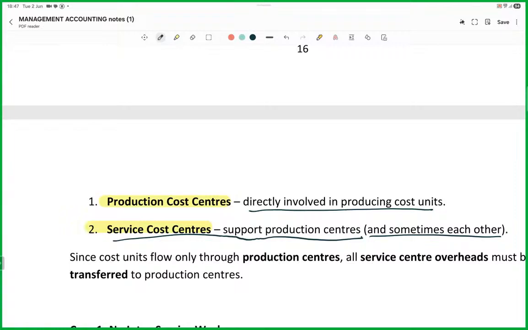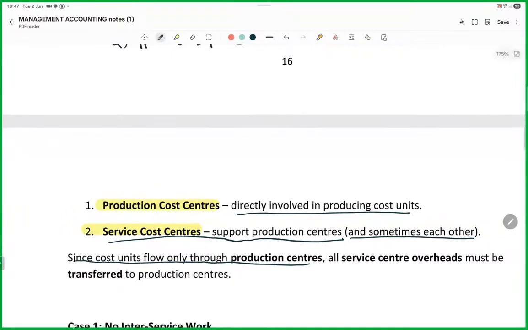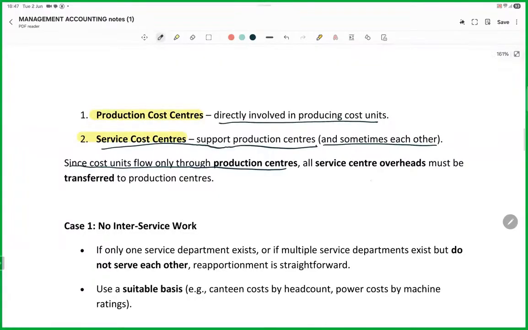Now look at this. Since these units flow only through production centers, all service center overheads must be transferred to production centers. We have two cases. The first is where there is no inter-service work.